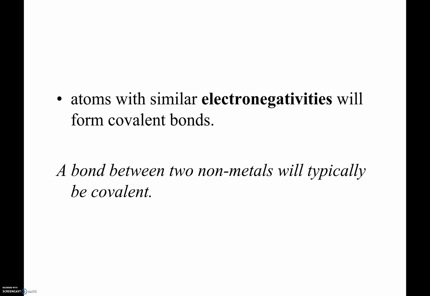If you have carbon bonded to oxygen, which one's more electronegative? Oxygen's more electronegative, and hopefully this is ringing some bells. So this one has the higher chi, so that means this is going to be negative.